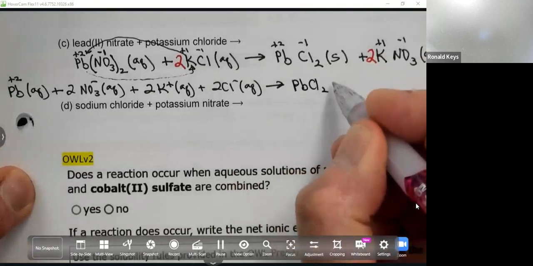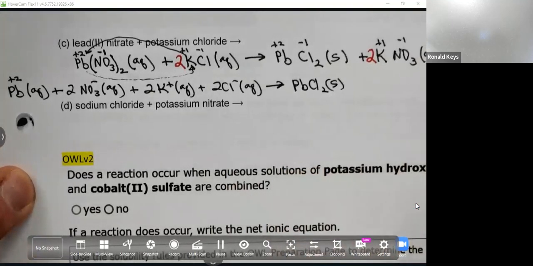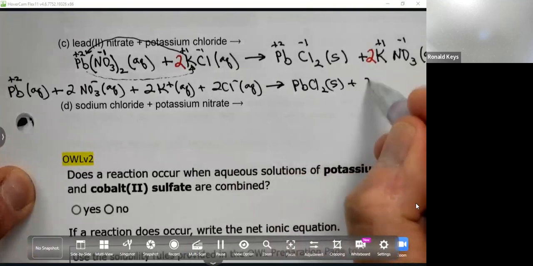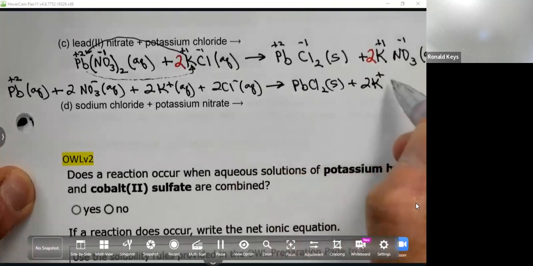PbCl2 has to stay together as a solid. We're going to get 2 potassiums here.